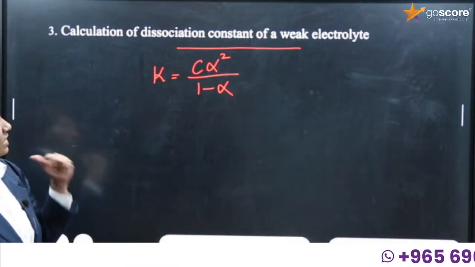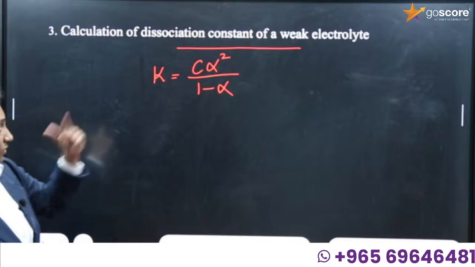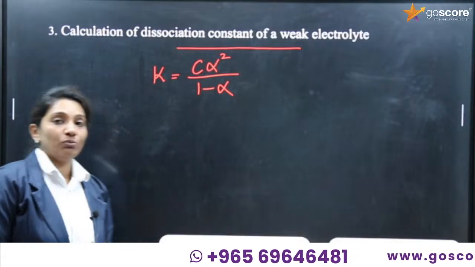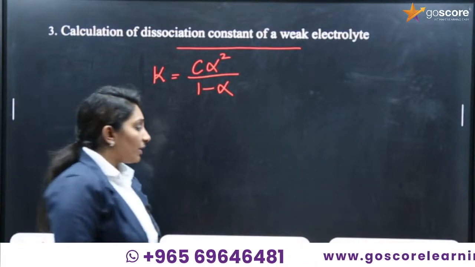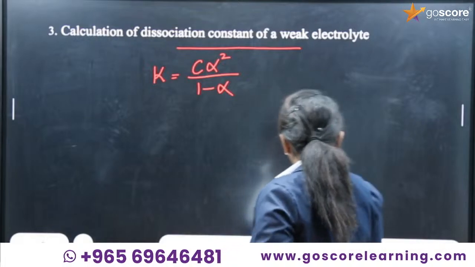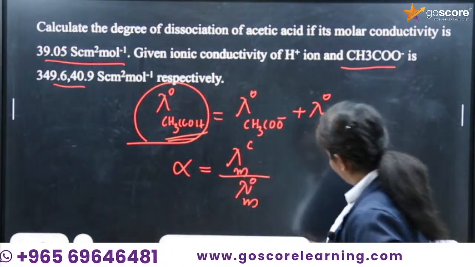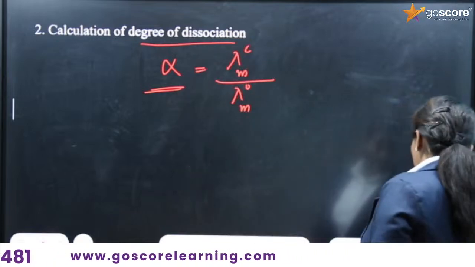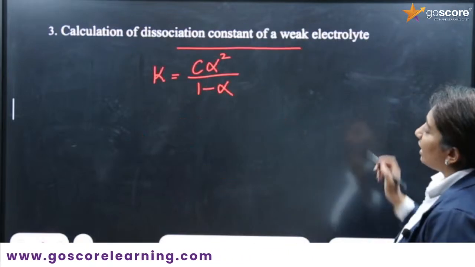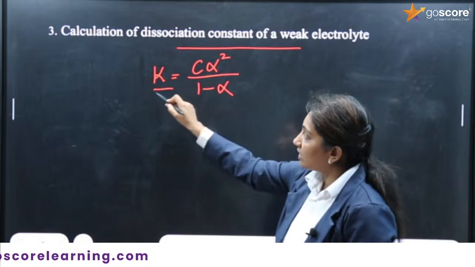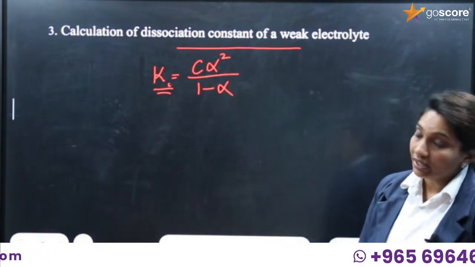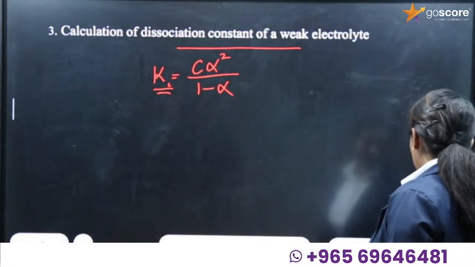The dissociation constant for weak acid electrolyte is K is equal to C into alpha square by 1 minus alpha. So we have found out how we can find out the degree of dissociation, right? Once you get the degree of dissociation, you can find out the dissociation constant K or Kc using the equation C alpha square divided by 1 minus alpha.